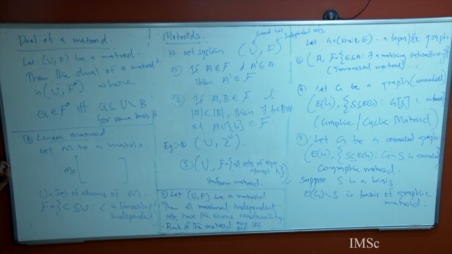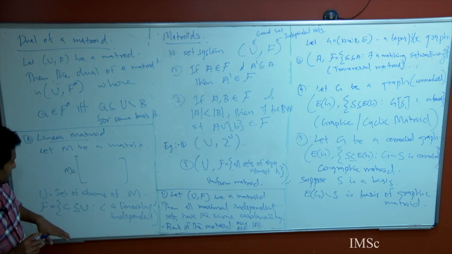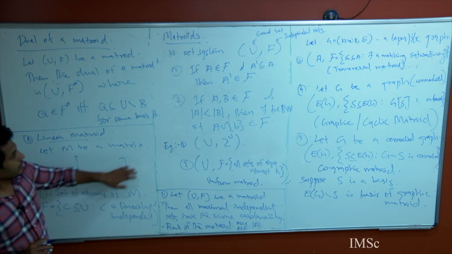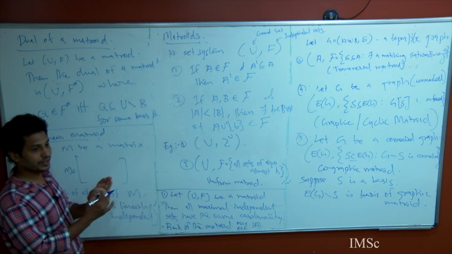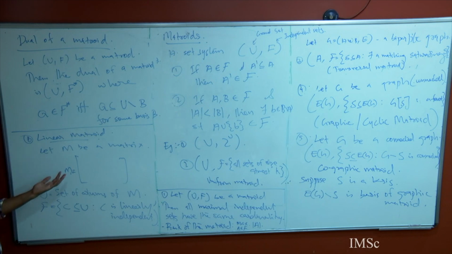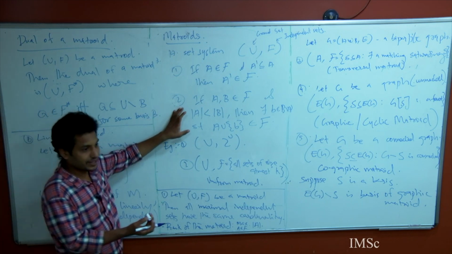You know these terms, right? Okay. So can you see this property? This is very easy, right? Because if I have a set of linearly independent vectors, its subset is also linearly independent. What about this second property?